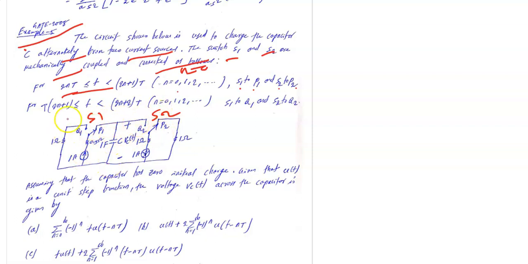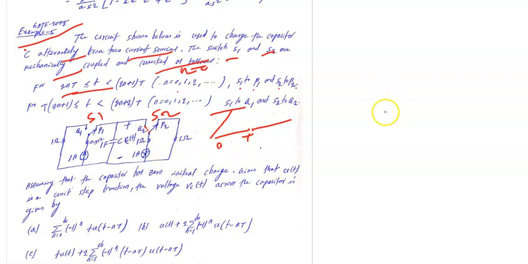Now for n equal to 0 we have considered: from 0 to T the capacitor charges through a constant current source. Then from T to 2T the capacitor discharges, because this will be connected to Q2, meaning this will be connected to Q1 and this will be connected to Q2. So the capacitor starts discharging through a constant current of 1 ampere.